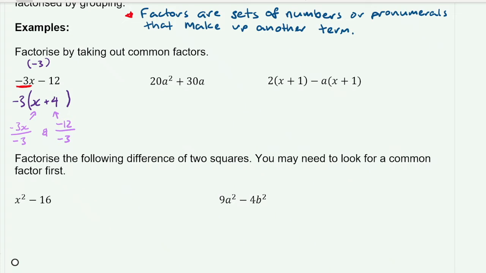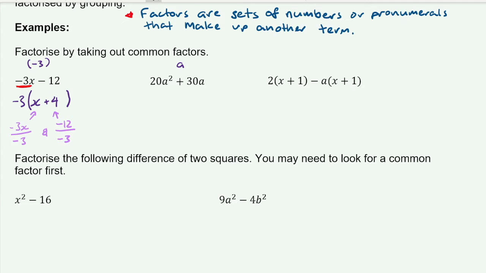Okay. Our next common factor, we've got 20a squared and 30a. Now a is definitely going to be part of my common factor. And then the other part of my common factor is a number that goes into both 20 and 30. And it really should be the highest common factor.